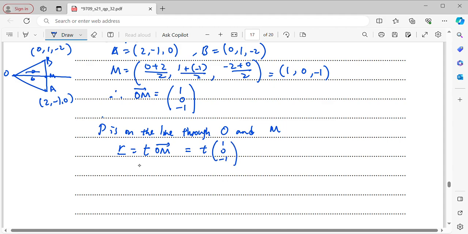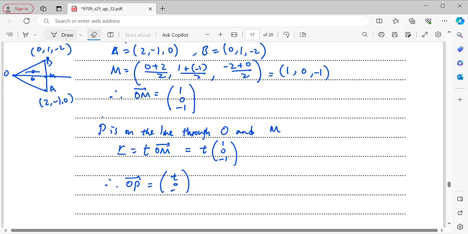Since P is on the line, the vector OP is (t, 0, -t). Any point on the line will have this position vector.